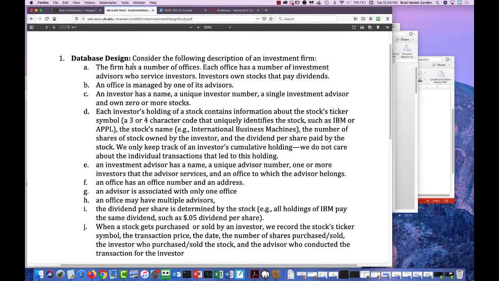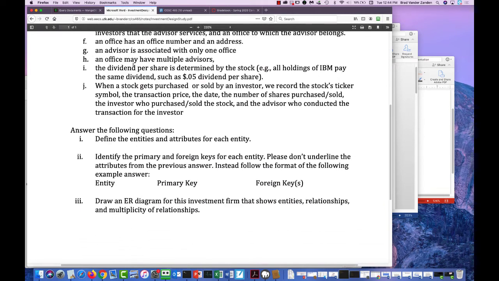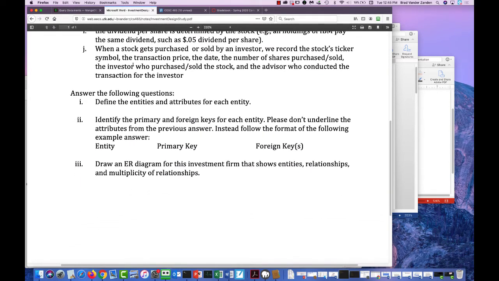Okay? So we have this. Basically, this was, as I said, an exam question a long time ago, and it gave the information for an investment firm, and then it asked 3 questions to define the entities and attributes for each entity, to identify the primary and foreign keys for each entity, and then to draw an ER diagram for this investment firm.